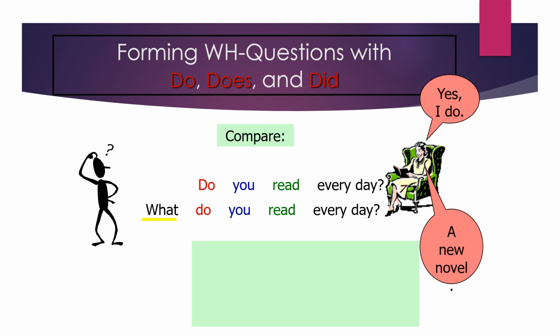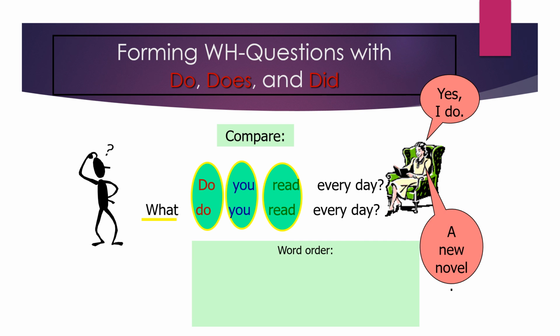So there are some steps in order to construct a question that requires some information in the answer. First of all, we need the WH word, then we need the auxiliary verb, then we need the subject, and finally the verb.